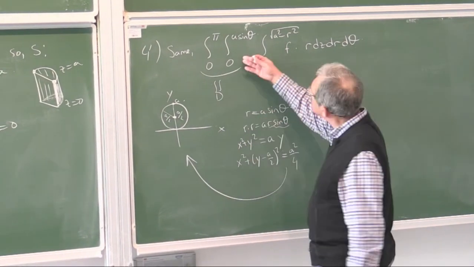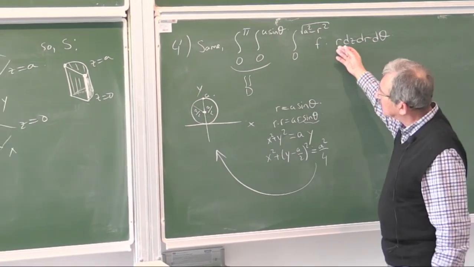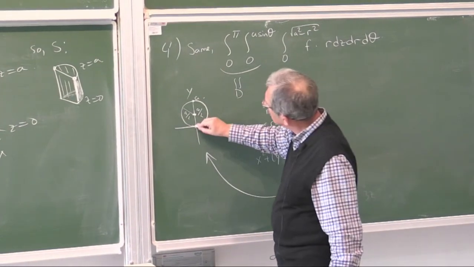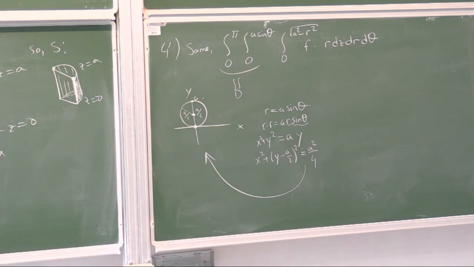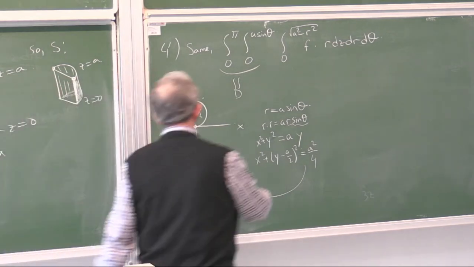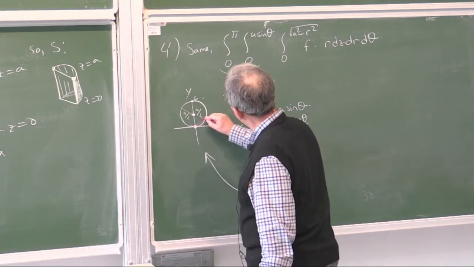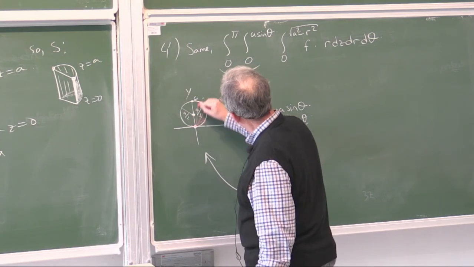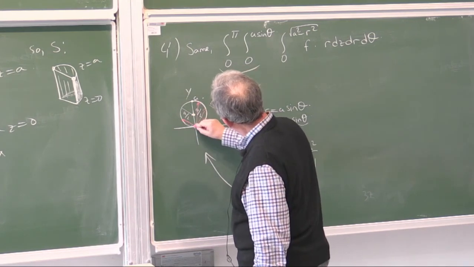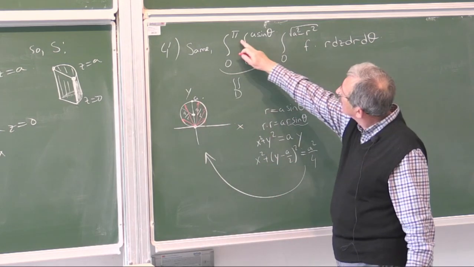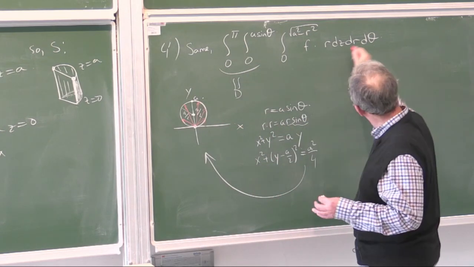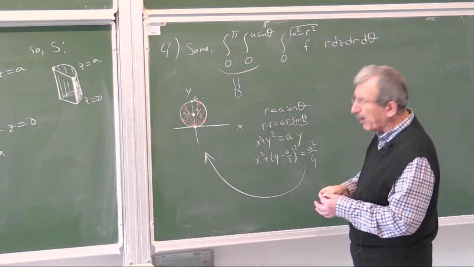So this says that radius, that is r, starts from the origin, moves in all directions up to this circle. So it moves up to this circle all the time. And it does this when theta changes from 0 to pi.